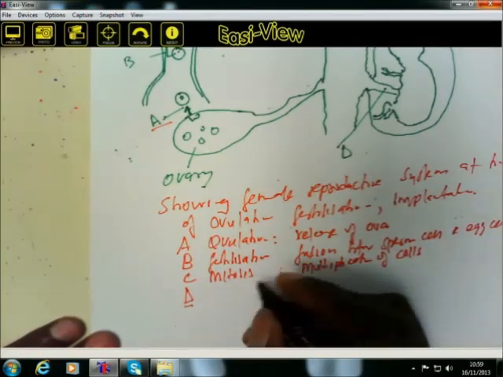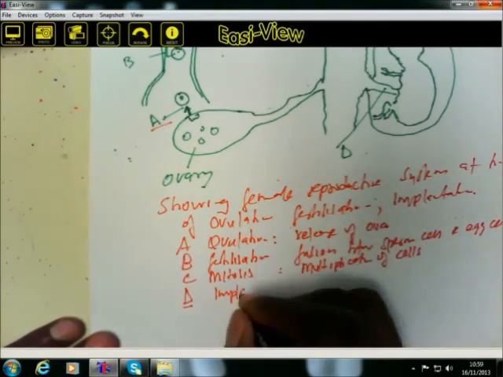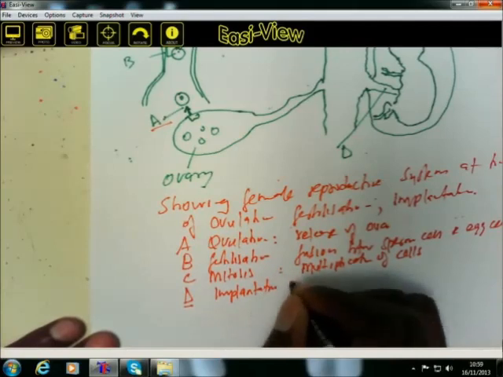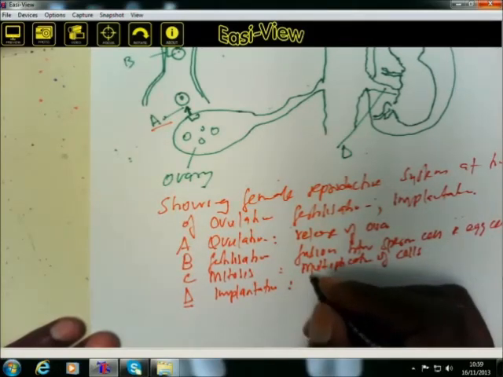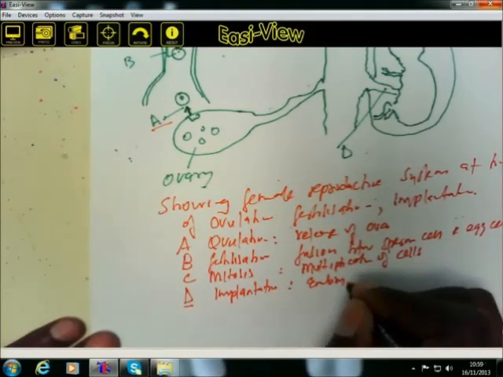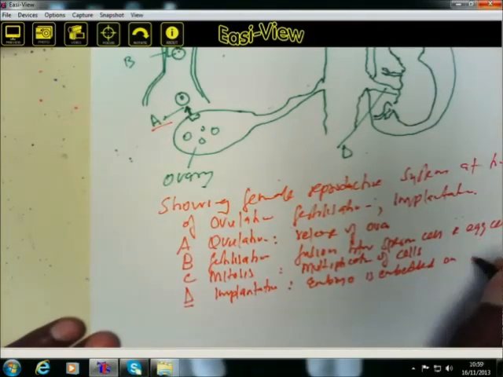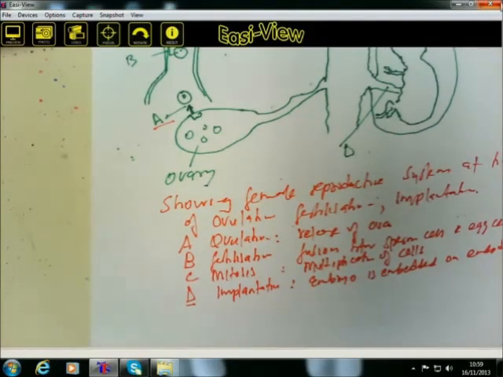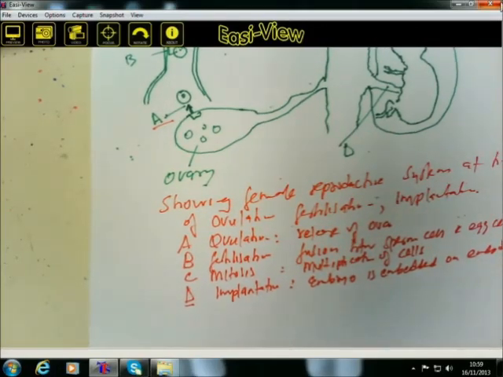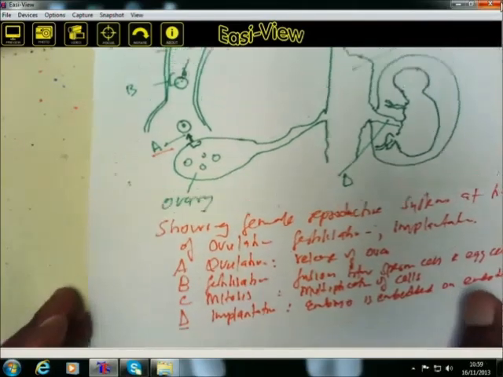Then here we've got D, which is the process called implantation. Implantation means the embryo is embedded on the endometrium, or it is attached to the endometrium. So those are the processes that you need to learn here.